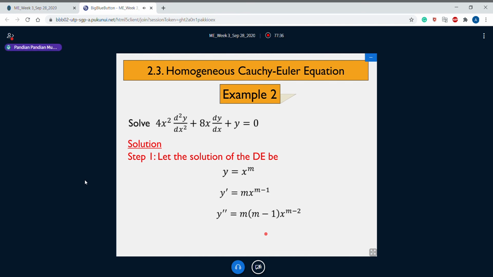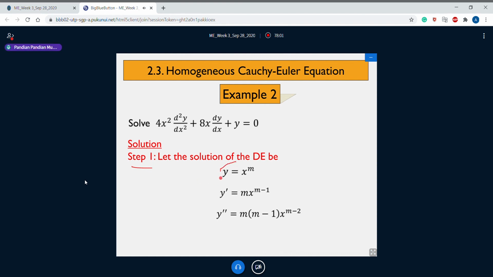Now, if you factorize, you will get 2m plus 1 multiplied by 2m plus 1 equals 0. Therefore, your m1 is minus half, and your m2 is also minus half. But in this case, they are showing all the steps.